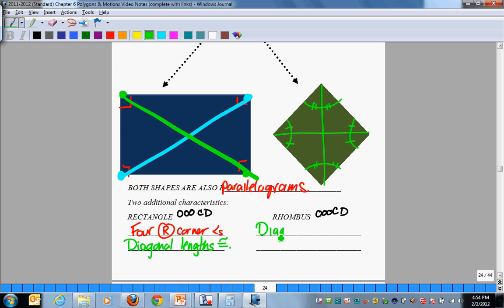So the diagonals bisect corner angles. And the second unique quality is that the diagonals themselves are perpendicular. In other words, they make a right angle on the inside. So those are the two additional unique qualities of a rhombus.